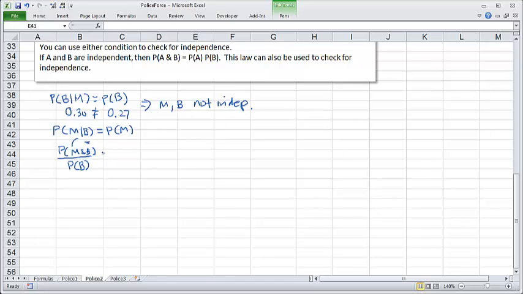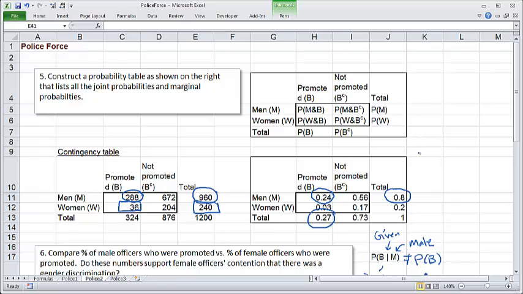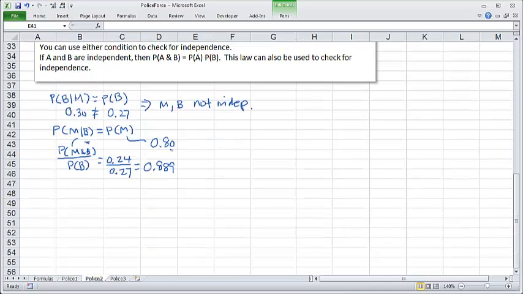So that is 0.24 over 0.27, and that is 0.889. And here, the probability of M was 0.8, as you might recall. These two are definitely not equal to each other, so we would reach the same conclusion.